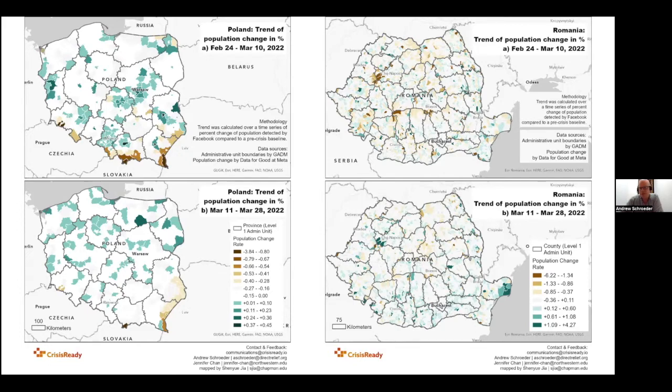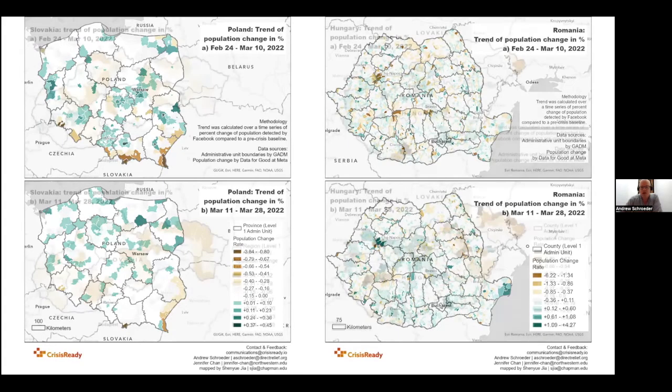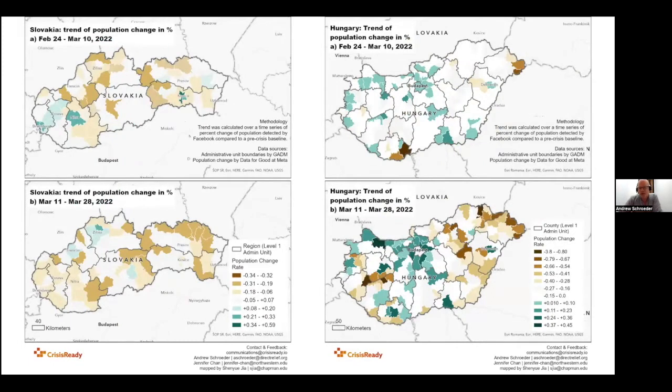There's been continuing movement over the borders, but it has sloped down in terms of the rate ever since then. And you can see significant differences in where you're seeing concentrations of population density change across all of the neighboring countries. A lot of this concentrates in and around cities, Budapest, Warsaw, Krakow, Bucharest in Romania, etc.